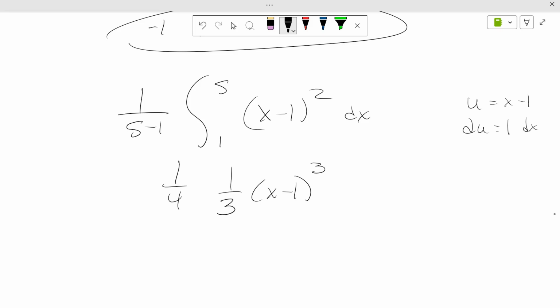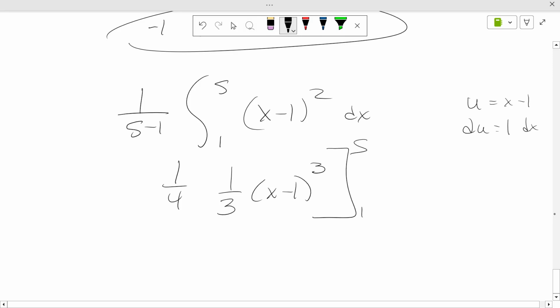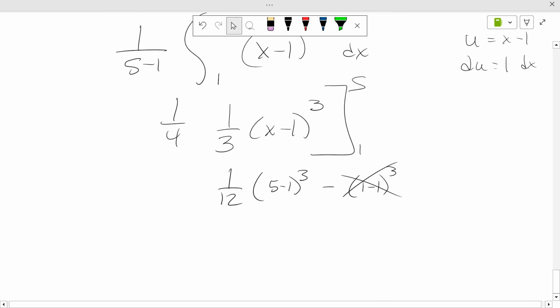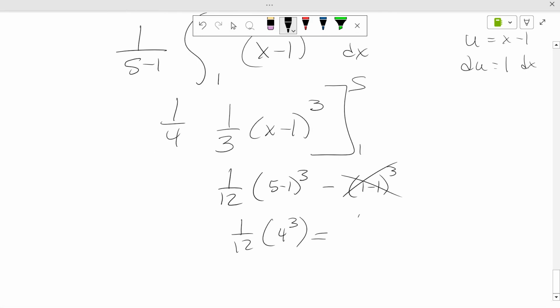Divided by 3 or put a 1/3 in front. Not plus c, because it's a definite integral, so it's 1 to 5. Okay? So you get 1/12 of 5 minus 1 cubed minus 1 minus 1 cubed, which is 0, which you don't even worry about. So it's 1/12 of 4 cubed, which is 64/12, which if you divide them both by 4 is 16/3, which is the answer.